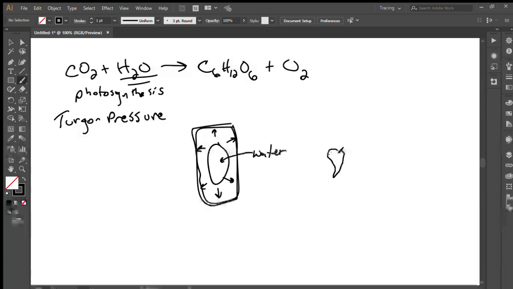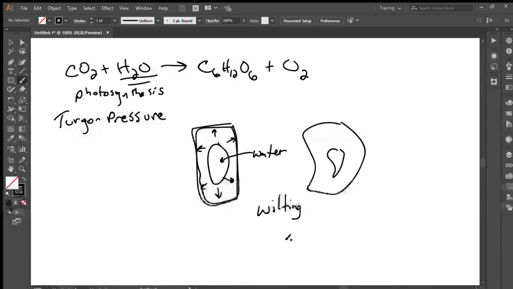If that dries up, the cell begins to flex and bend under its own weight, or under the weight of the plant, and thus it causes wilting. So without turgor pressure, you get wilting.